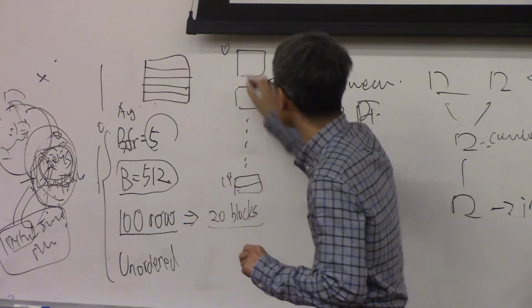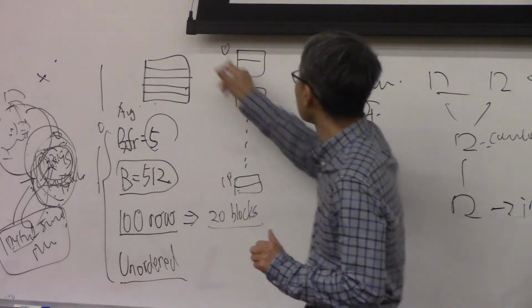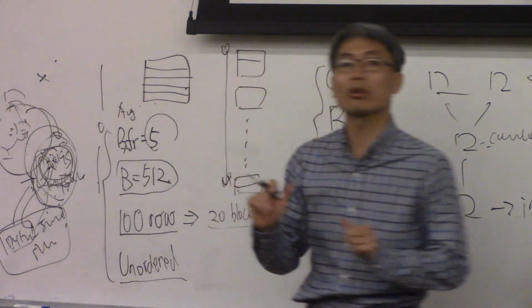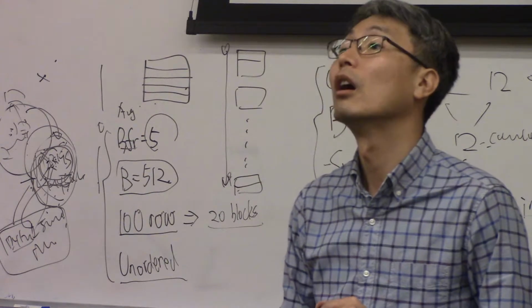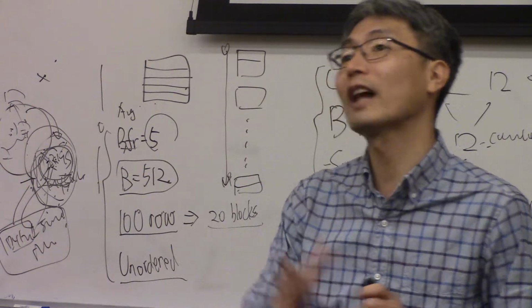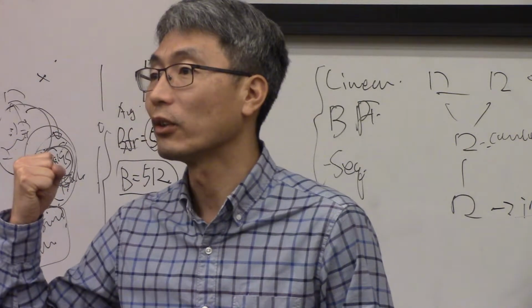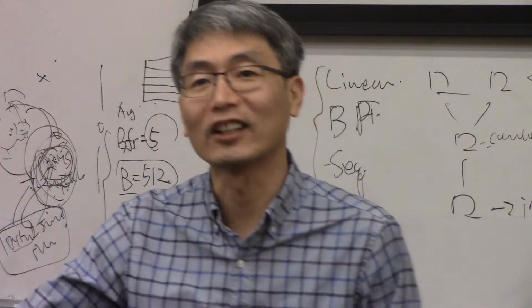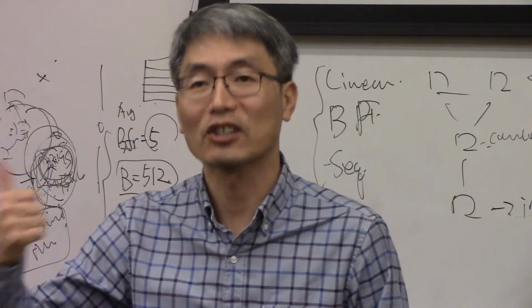Some data is here, some data is here. So for an unordered file, a heap file, you need to use sequential search. How many blocks? If you are not lucky, 20. If you are lucky, 1. So on average, it's 10.